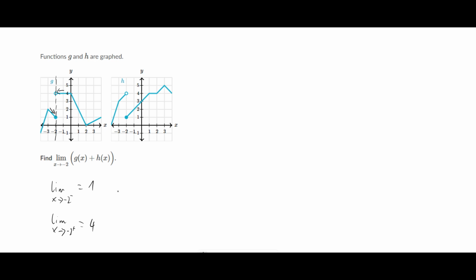So they are different. It should not exist, but as I said, it's a little bit tricky. Don't finish this exercise yet. We will revise function h also, so we will see. Okay, I will show you something. Another border, another dashed line.